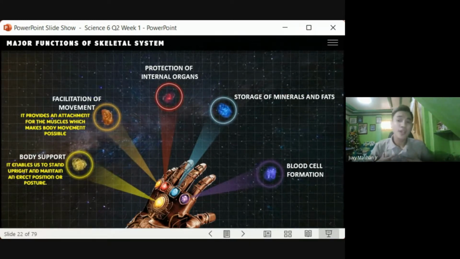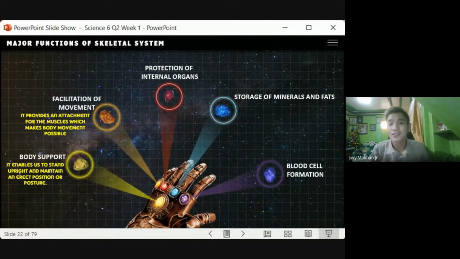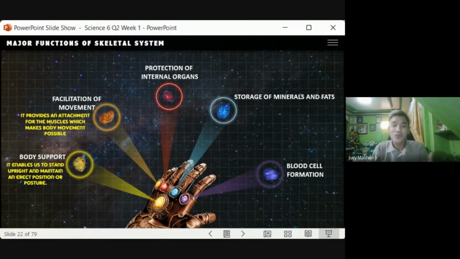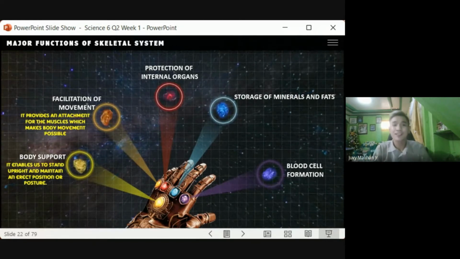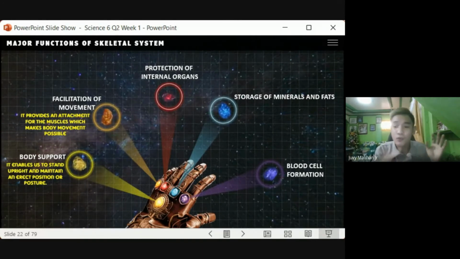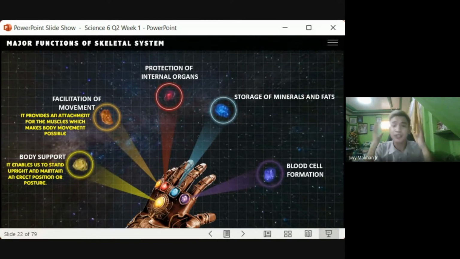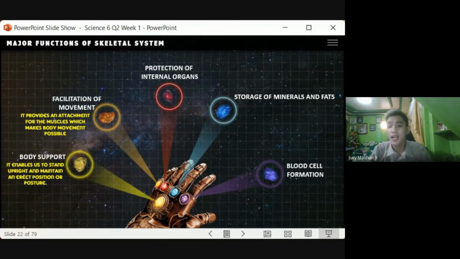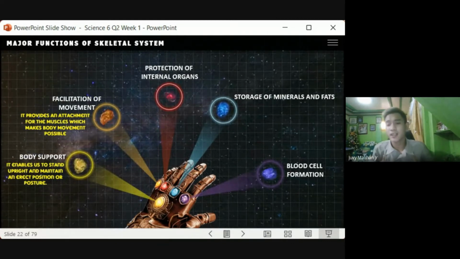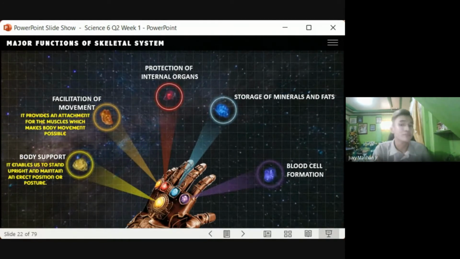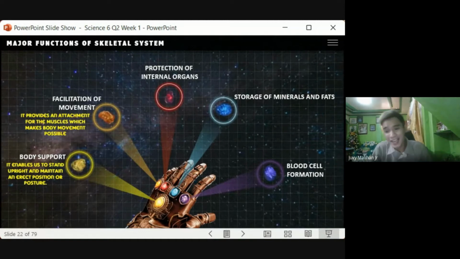So our ribs protect our lungs and our heart. Okay, now can you get it? That's why one of the major functions of skeletal system is protection of internal organs. So without this, hindi mapoprotect ang ating brain, which is the very important part of our body. And of course, hindi mapoprotect ang ating lungs and ang ating heart, okay, without the ribs. Alright, now can you get it, class?